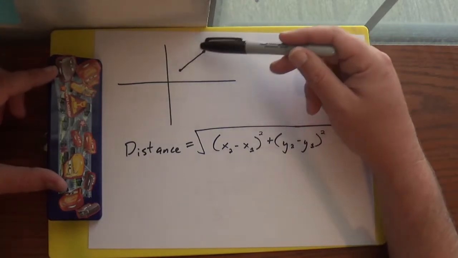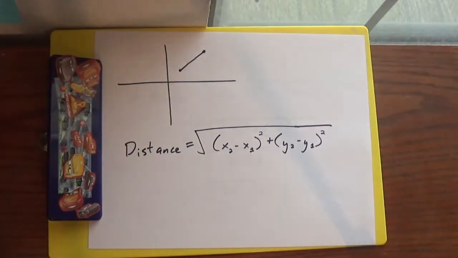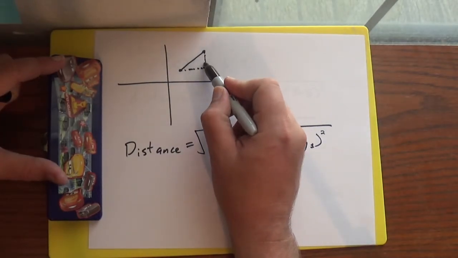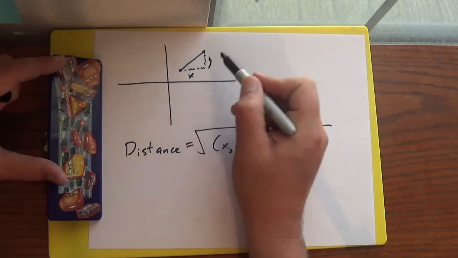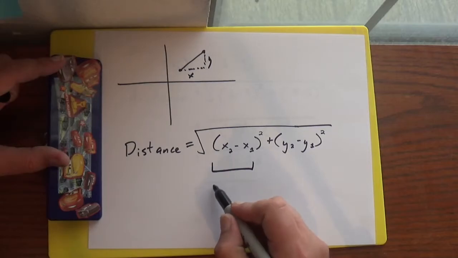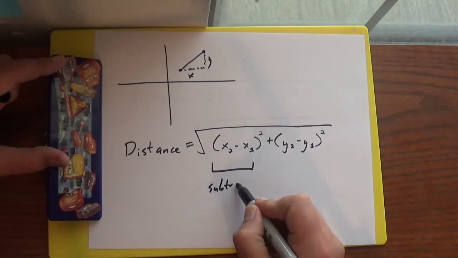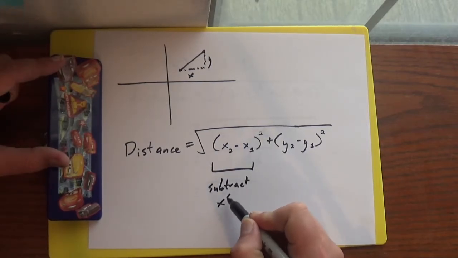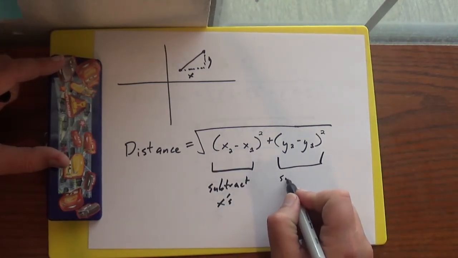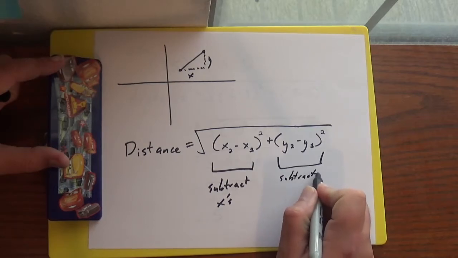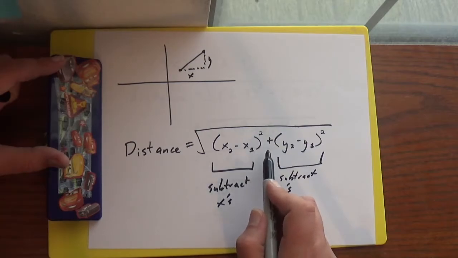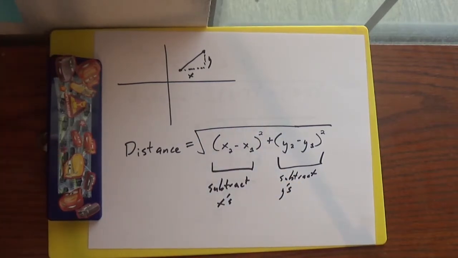means the distance from here to there is the hypotenuse, because there's a leg here and a leg here, and these are your x's, these are your y's. So right here, you just subtract your x's, and right here, you just subtract your y's, and then you square them, add them up, take the square root.